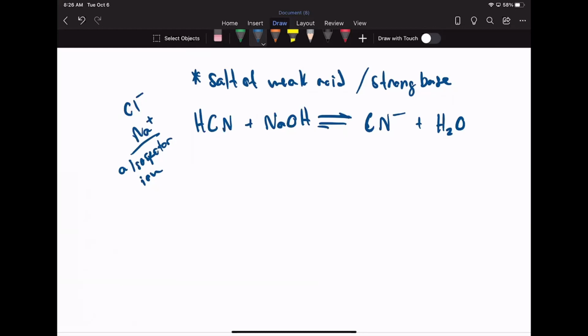If I ask you a question on the exam, I'm going to tell you the salt of weak acid, strong base, or the salt of strong acid, weak base. It's up to you to determine this.